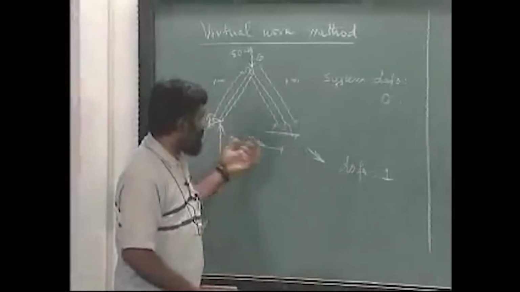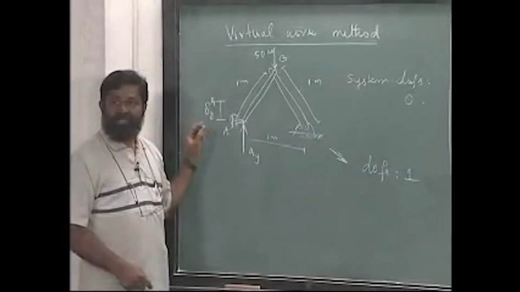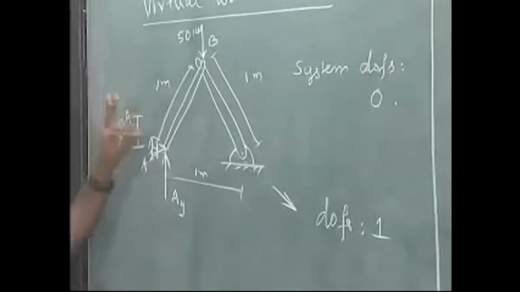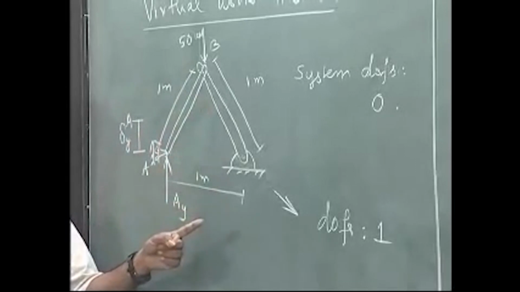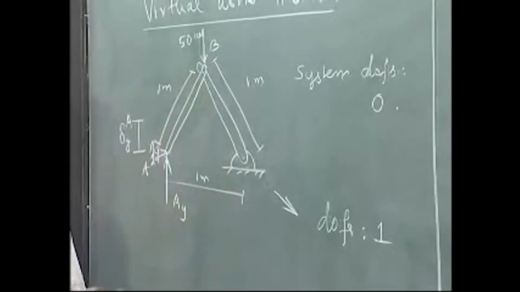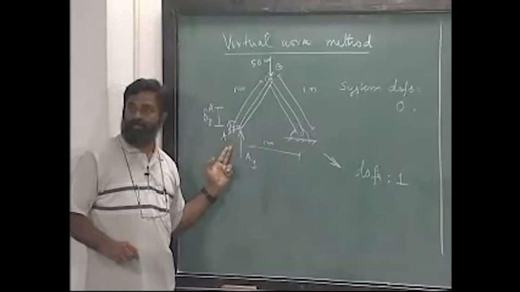When I say 1 degree of freedom system, it means that the movement of every point of this body can be found out using this 1 degree of freedom.